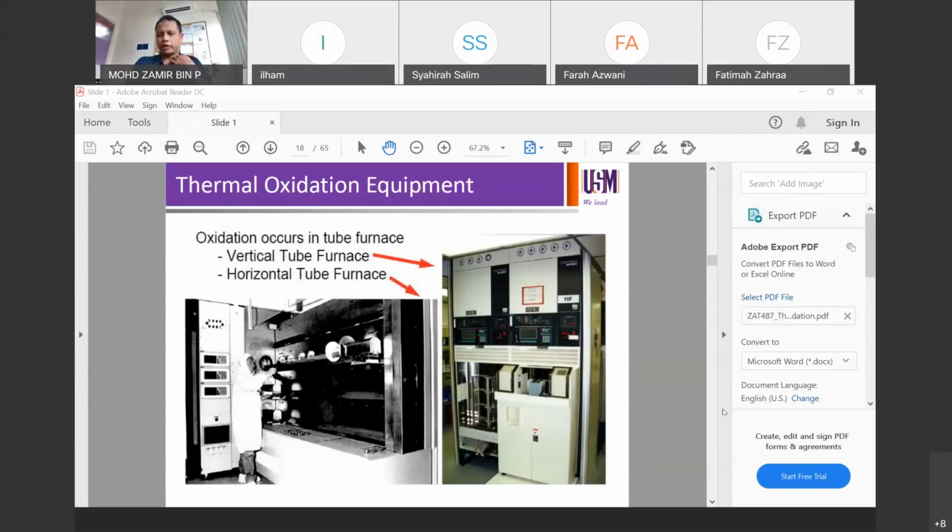Okay, can you see the PDF now? All right.